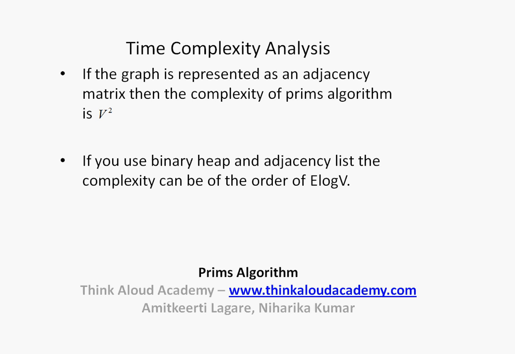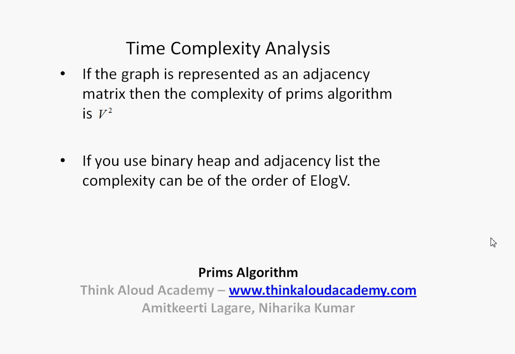Now the time complexity analysis of Prim's algorithm says that if the graph is represented as an adjacency matrix, then the complexity is of the order of V squared, so it's of the order of n squared.